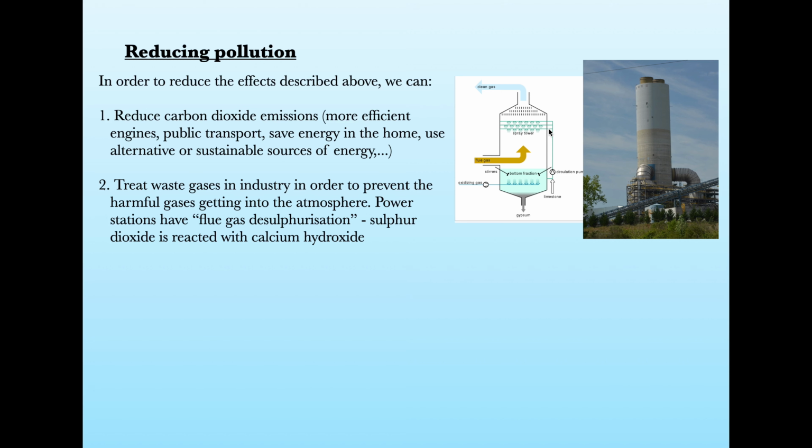So they spray limestone in, and it reacts with the acidic gases that come from the chimney, in the waste products of the chimney. And then the reaction causes a formation of salts, which form at the bottom of this. Gypsum's a salt. And we remove the salts. This whole process is to stop acidic gases going into the atmosphere.